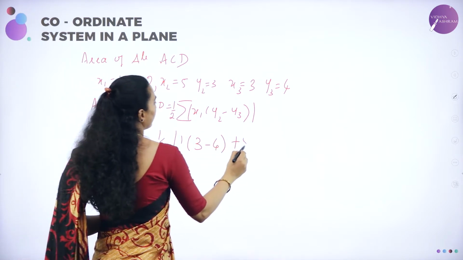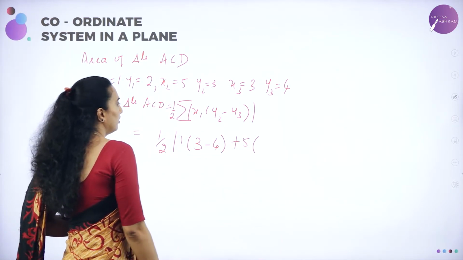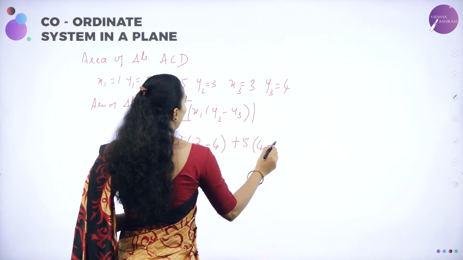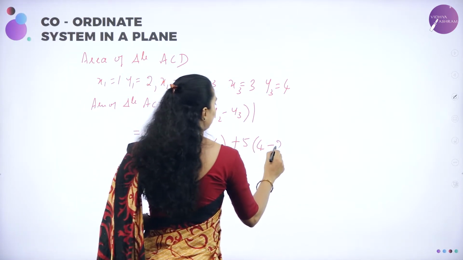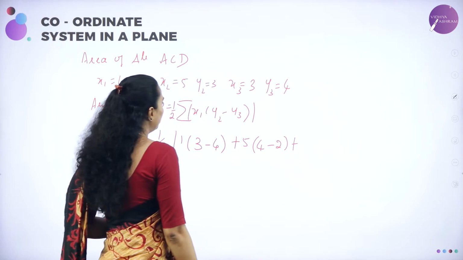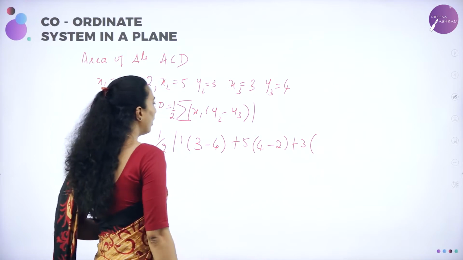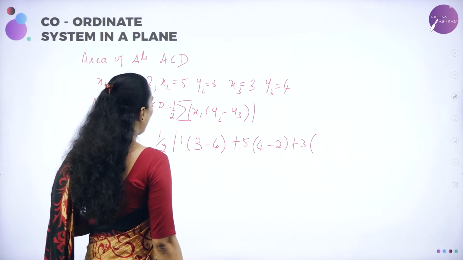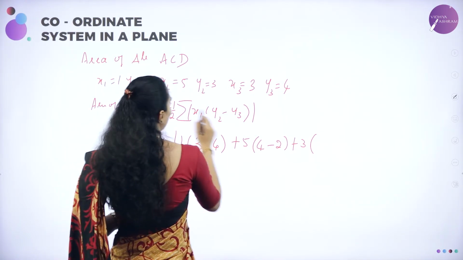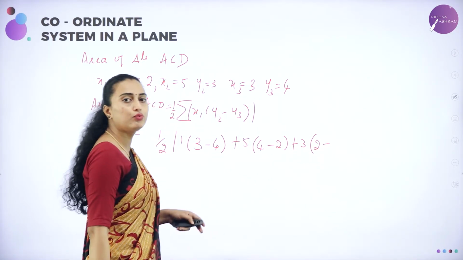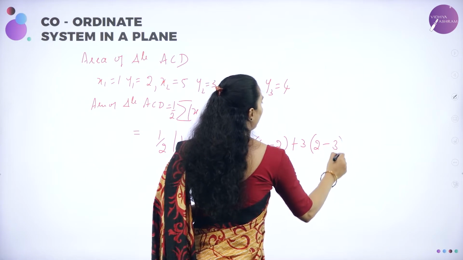X2 is 5 into Y3 minus Y1. What is Y3? Y3 is 4 minus Y1 is 2. Plus X3 into, what is X3? X3 value is 3 into Y1 minus Y2. Y1 is 2 minus Y2 is 3.